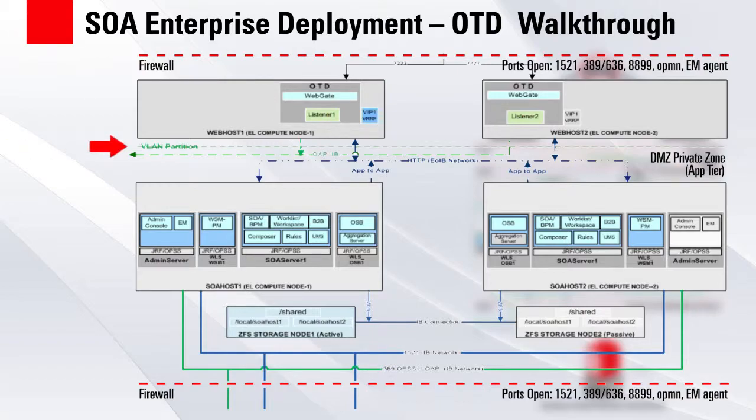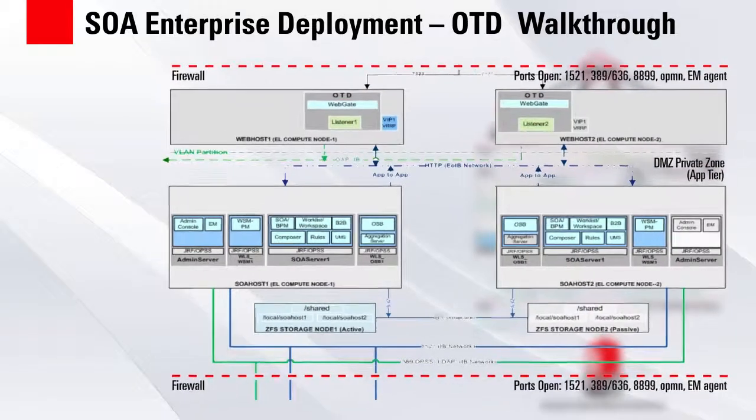You see the green line going there, that's called a VLAN. It's a virtual VLAN. We achieve it not by partitioning the hardware, just by enforcing a VLAN concept. For example, when you configure your network and you provide different IP ranges to the OTD compute node versus your application compute node, your OTD compute node is isolated from your application compute nodes.